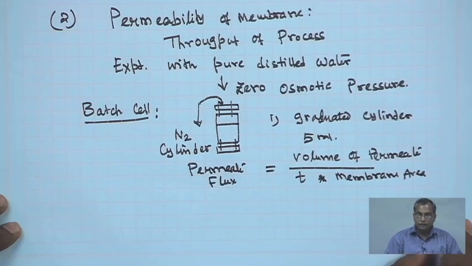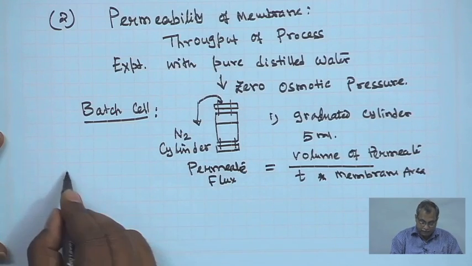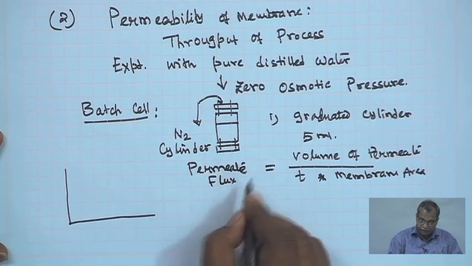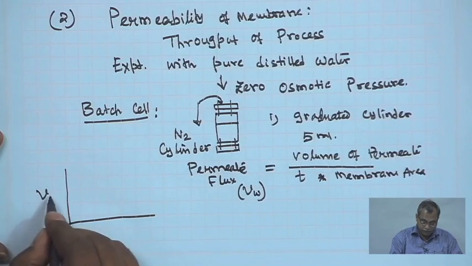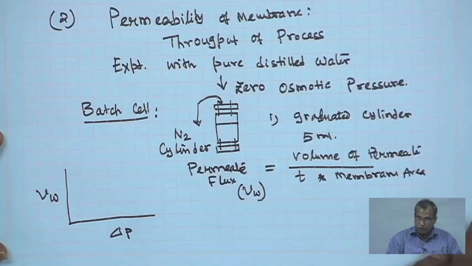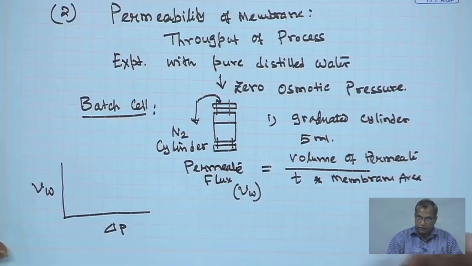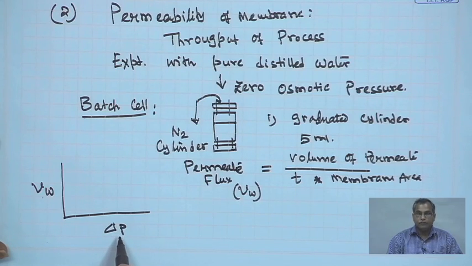So, we measure the permeate flux at different transmembrane pressure drops and then plot the permeate flux. Typically, the permeate flux is denoted by the symbol Jw, and we plot Jw versus delta P. Now, since we are talking about water, its osmotic pressure is low. Therefore, the permeate flux as a function of delta P will be a straight line through the origin.